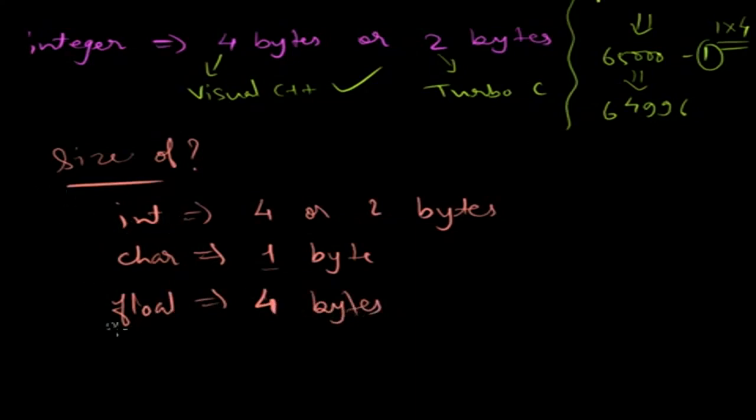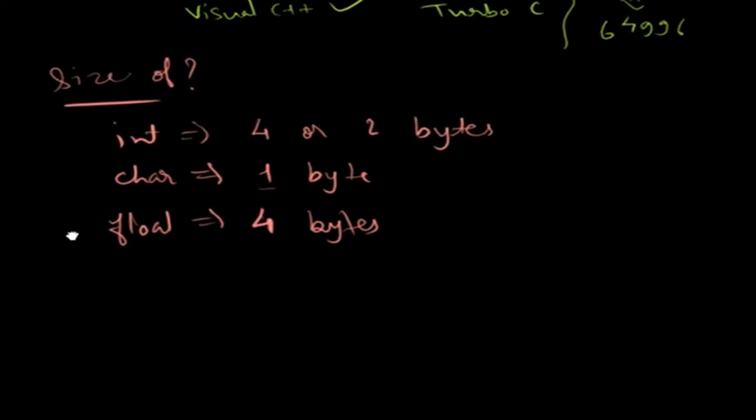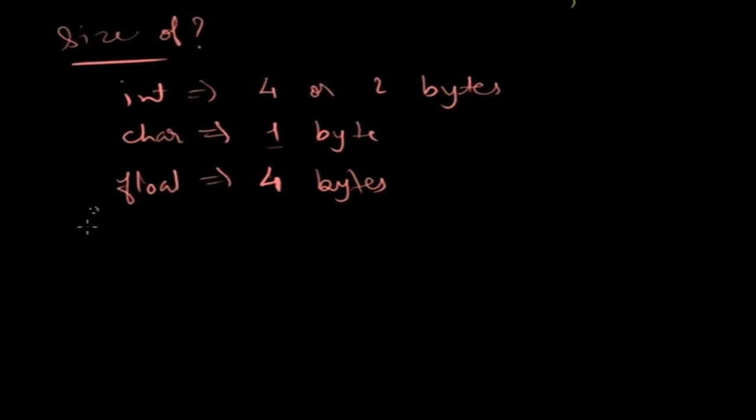Now how do you determine the size of a variable? If you don't know what environment you are working in, do this: printf. There is an operator actually available with C. The size is a number, so %d for a number, and you apply an operator which is known as the sizeof operator.